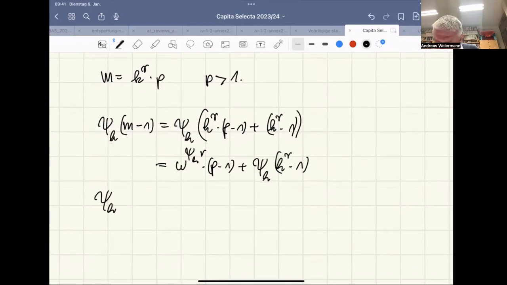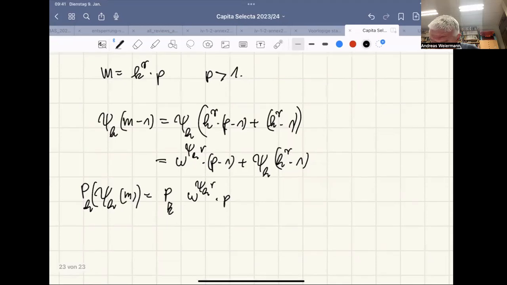Ck of m, and then pk of this is pk of omega to ck of r times p, which is the same as omega to the pk of r times p minus 1 plus pk of the last term, which is omega to ck of r.